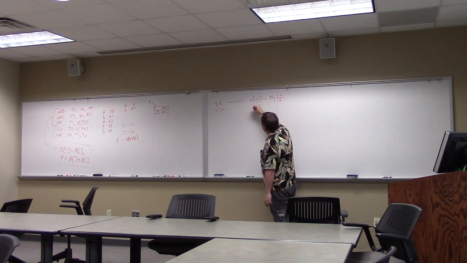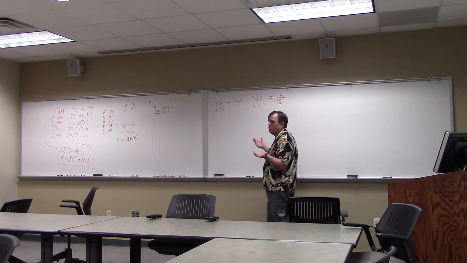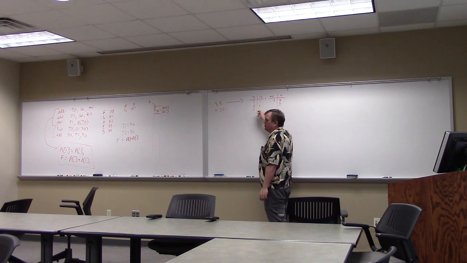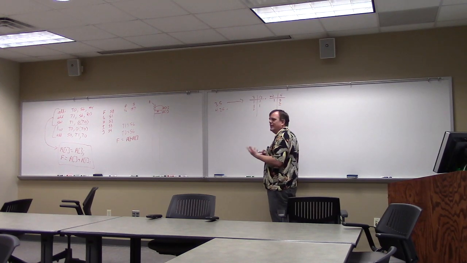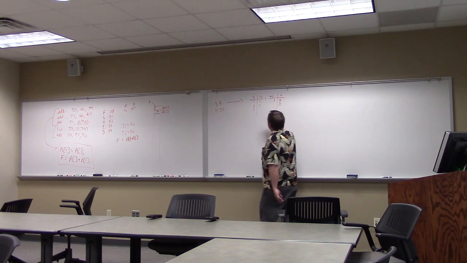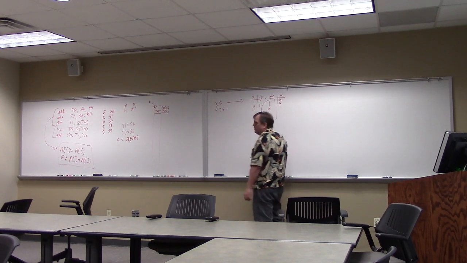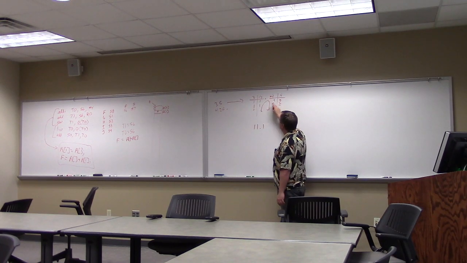As soon as you hit the 0 here and the 0 there, you stop. There's nothing else to do, because I could keep going, 0 divided by 2 is 0, and 2 times 0 is 0, but that's boring at that point. So we just read it around, and that tells us 3.5 is 11.1.